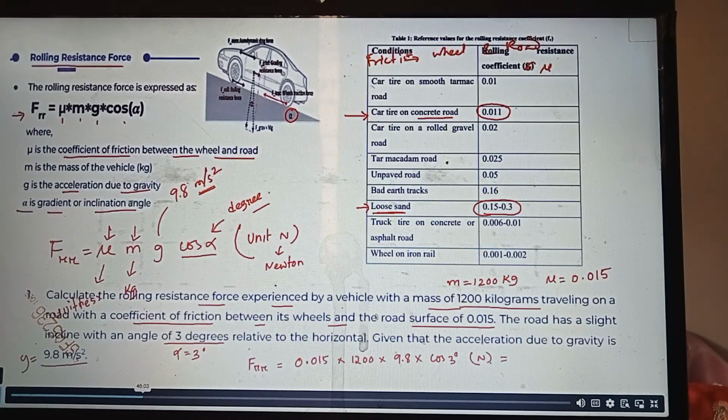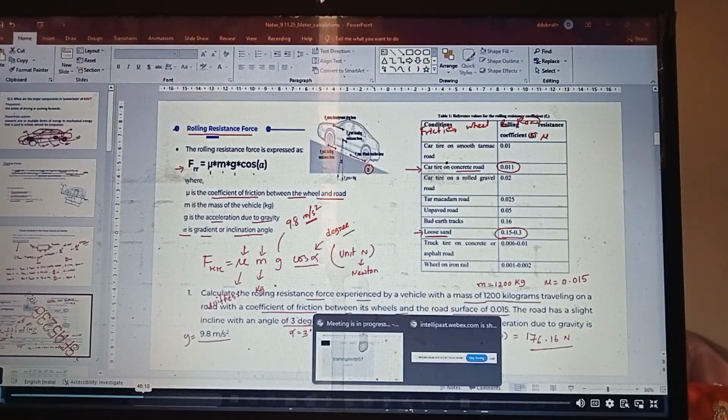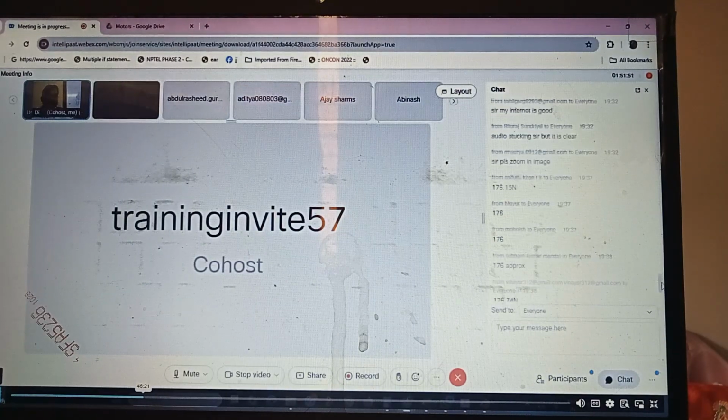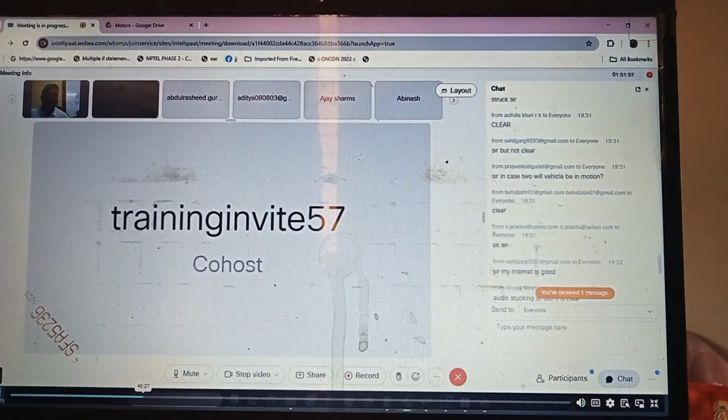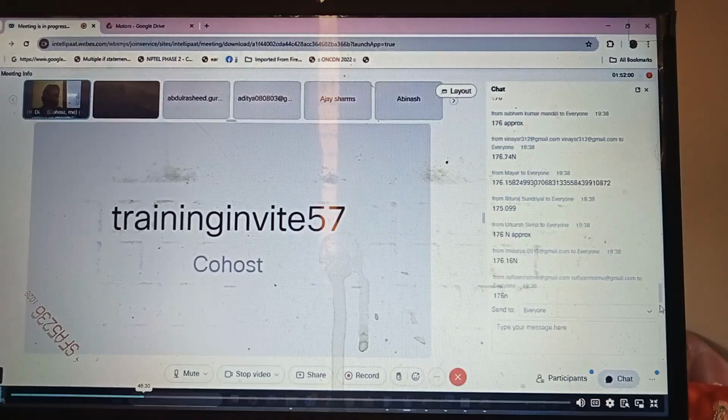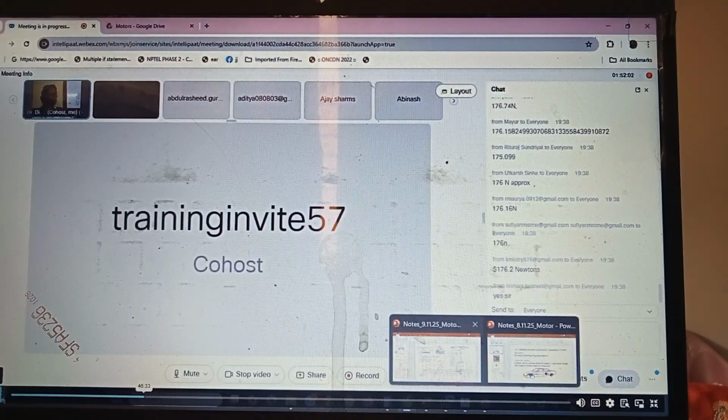Unit is Newton, right? So it should come around 176.16 Newton. Let me check whether you got the same answer. Right, so more or less everyone is getting the same answer. Alright, so I think we are done for the first part.